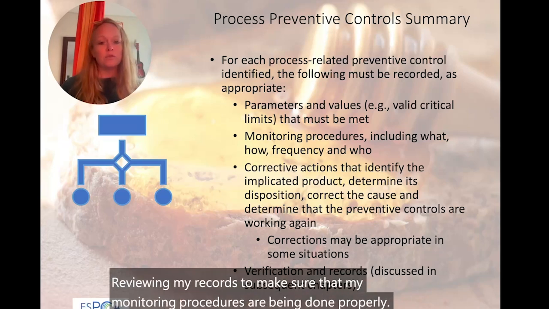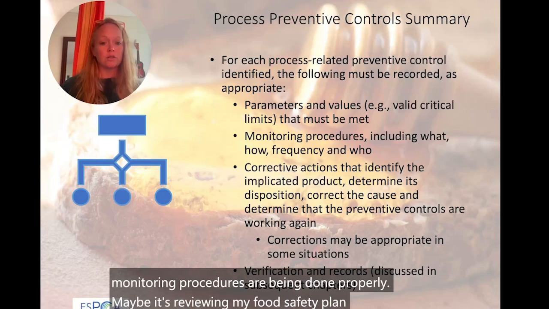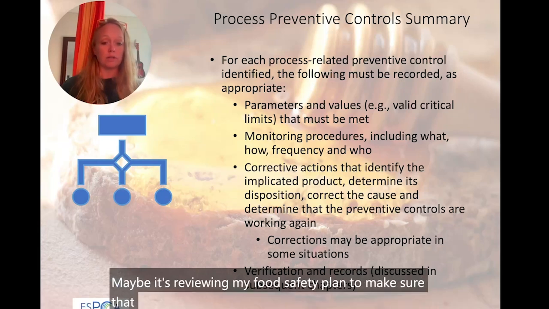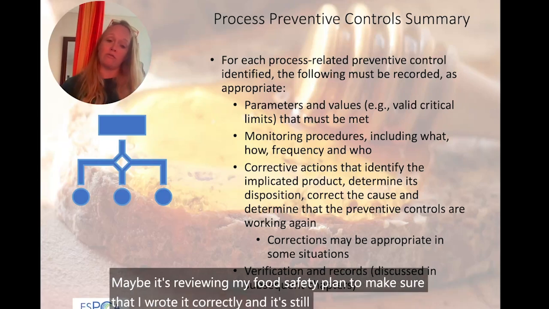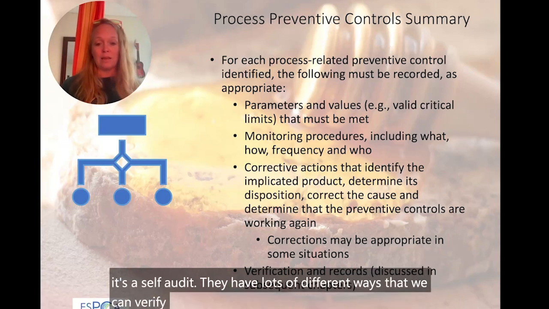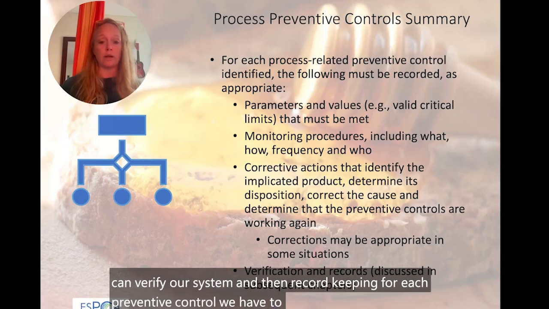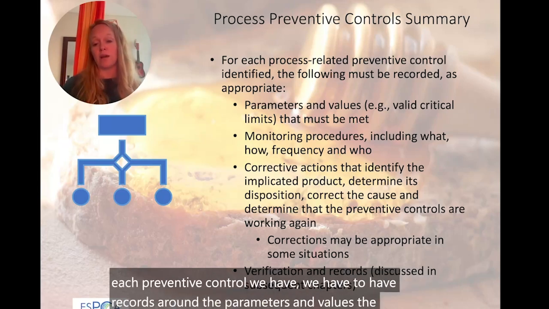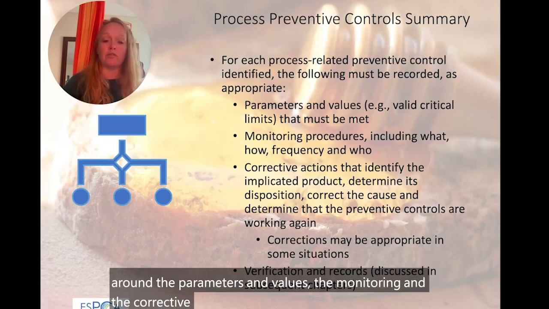Maybe it's reviewing my food safety plan to make sure that I wrote it correctly and it's still working. So maybe it's a self-audit. We have lots of different ways that we can verify our system. And then record keeping: for each preventive control we have to have records around the parameters and values, the monitoring, the corrective actions, and the verification. So lots of records.